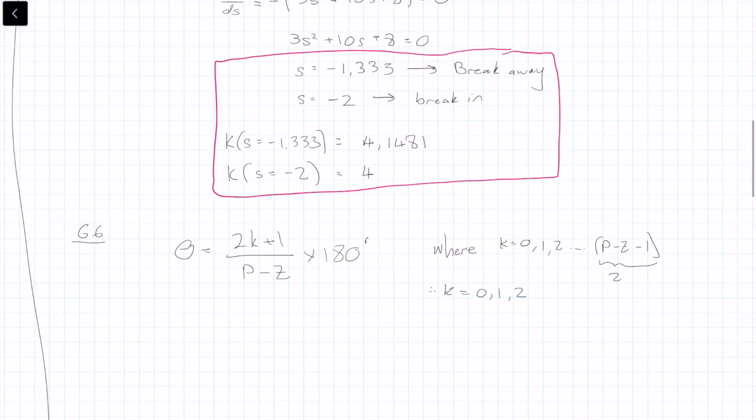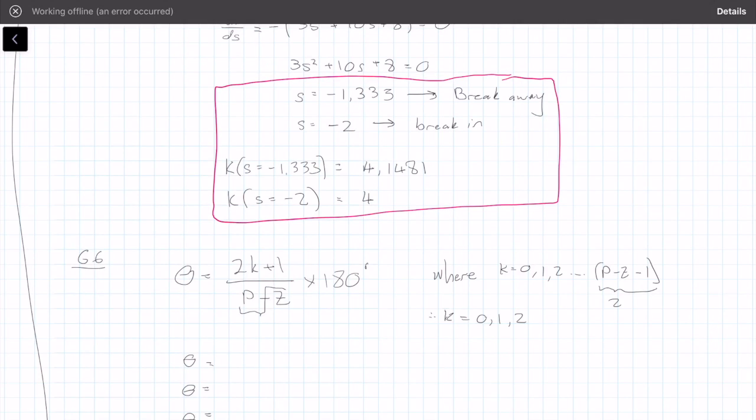Okay, so now we can get our thetas. The first one, we substitute 0, so that's going to be 1 over p minus z, and p minus z is 3, times 180 degrees, which is 60 degrees. Next we substitute 1, so that's going to be 2 plus 1 over 3 times 180 degrees, which is equal to 180 degrees.